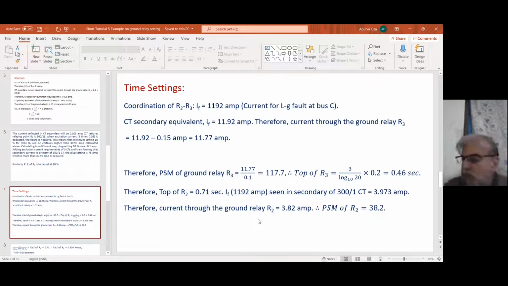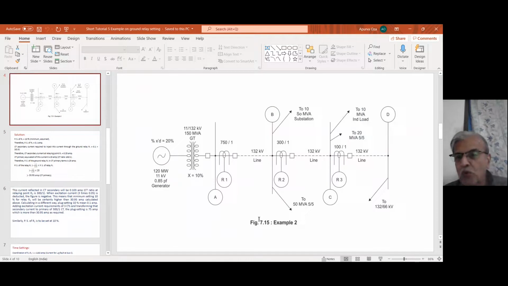So now we have to go to the time settings. What are the time settings? For time settings, what you have to do is coordinate R2 with R3. Time of operation of R3 you have to find out. Add 0.25 to that, and based on that you have to find out the TMS of R2. For R2 and R3, how will you find out time of operation of R3?